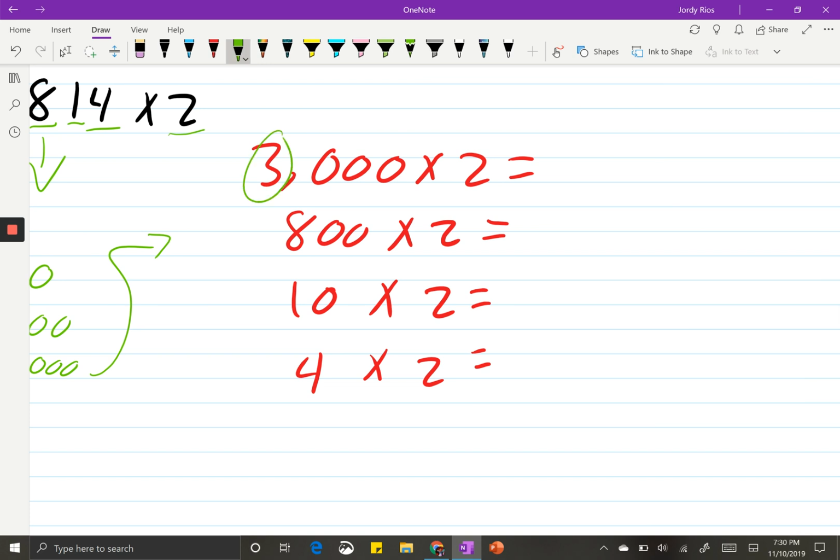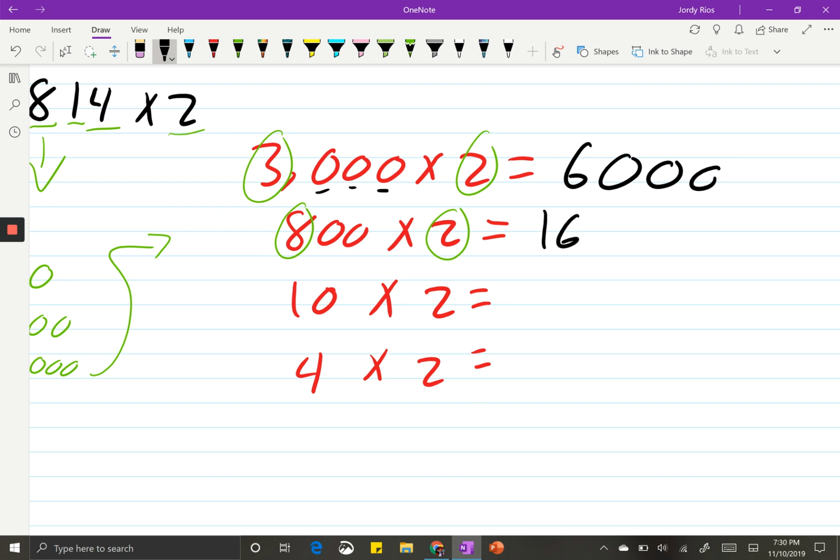Again, power of 10, 3 times 2 is 6. How many zeros do I add? 1, 2, 3. Next one, 800 times 2, power of 10. 8 times 2 is 16. How many zeros am I adding? 1, 2. Next one, 10 times 2 is 20. And last one, 4 times 2 is 8.